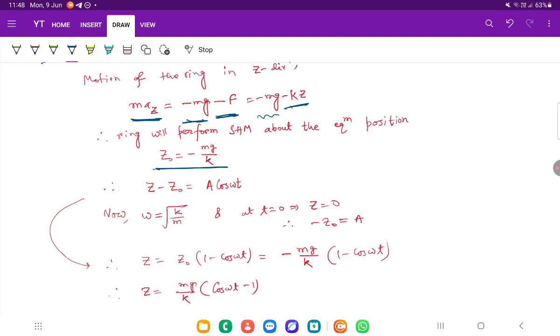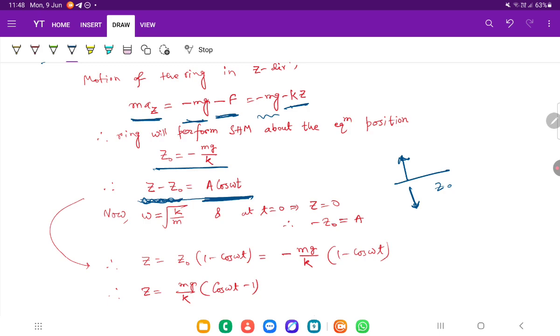Now I am writing the SHM equation. This will look like something like this, because z naught is the equilibrium position and it will oscillate from z naught. So z minus z naught, this coordinate will be something like SHM. So I have assumed it as A cos omega t.